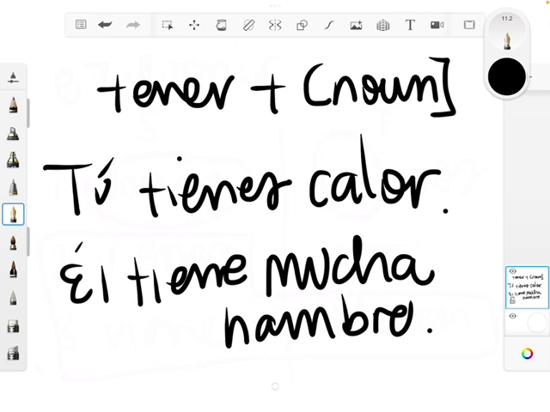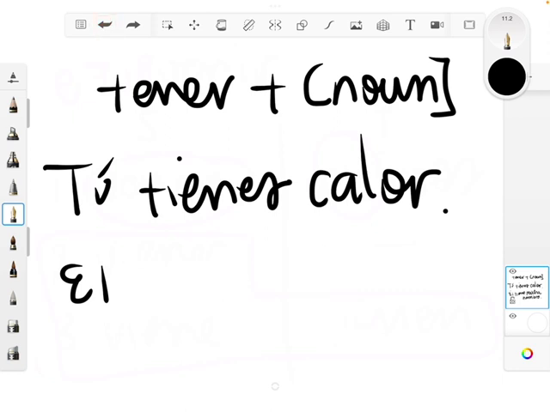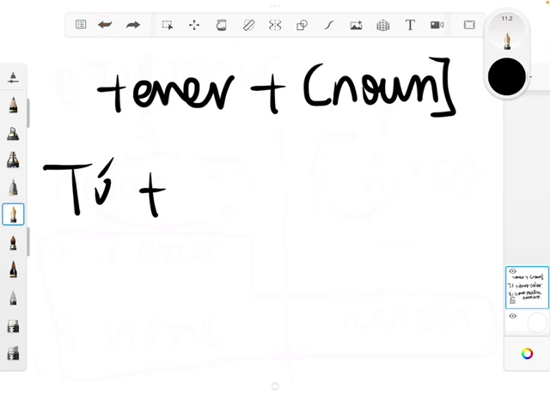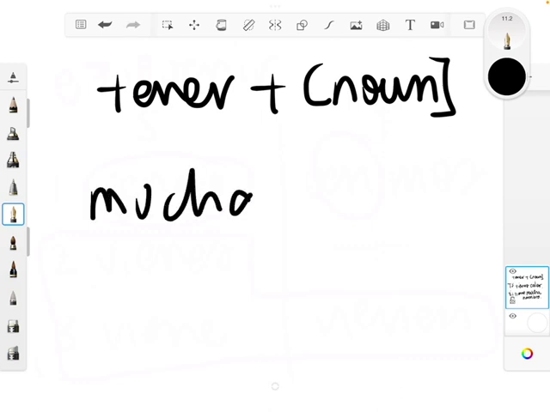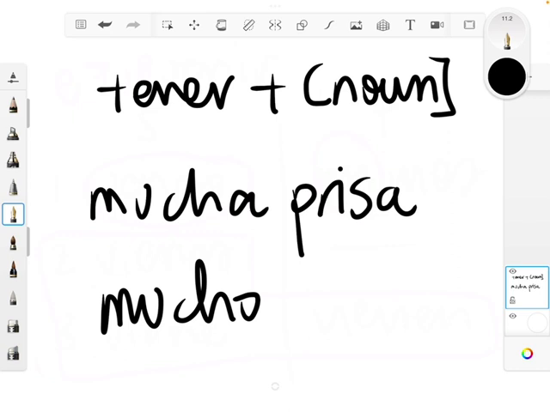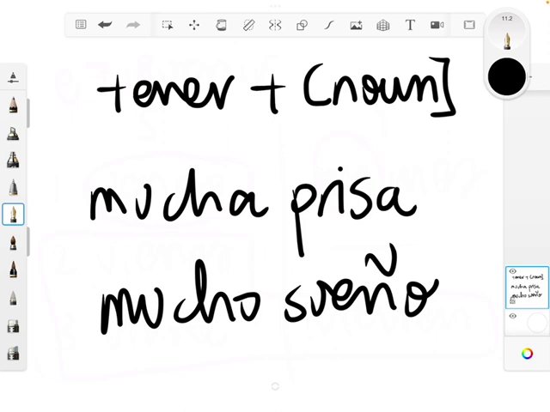Now, one other thing I want to point out to you here is that, of course, these are going to use mucho or mucha depending on what follows it. So mucha prisa, if he's in a hurry, but mucho sueño. So you want to make sure that you're looking at these.